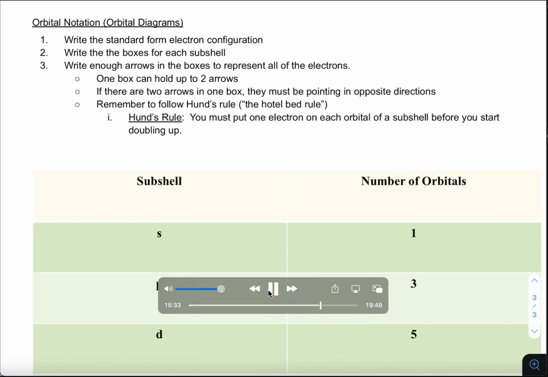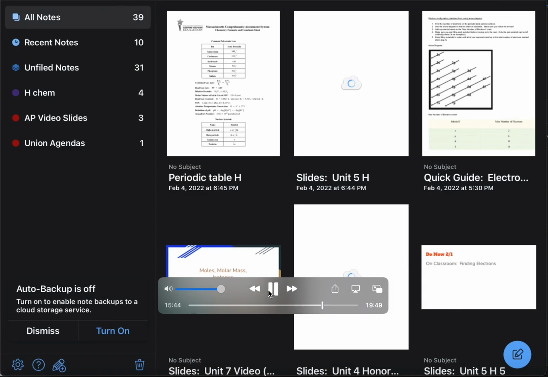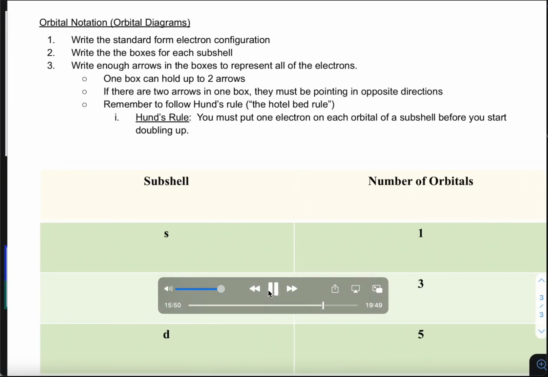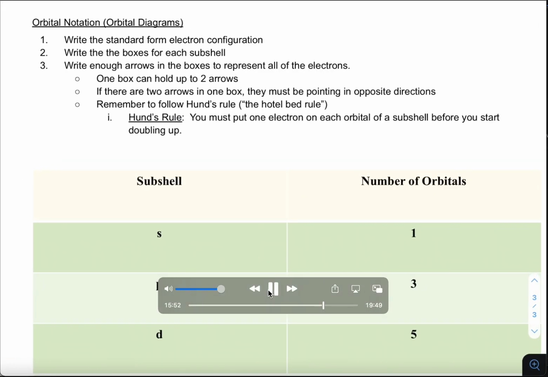The first thing you're going to do for all of these is write the standard form electron configuration. So just the first one we learned. Then you can write either boxes or lines or circles. So I'm going to do two for you. The first one I'm going to do is phosphorus.